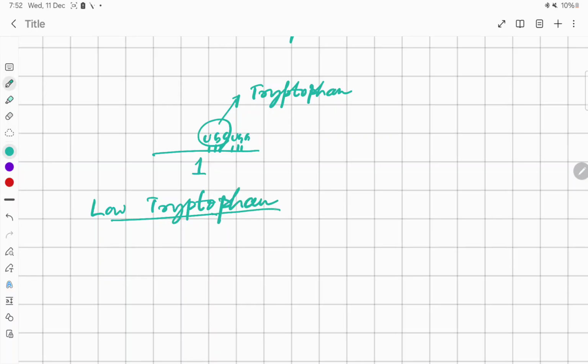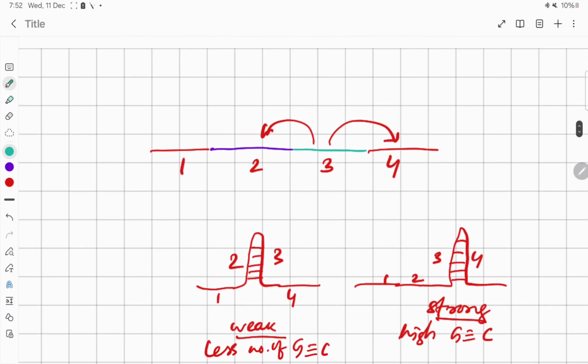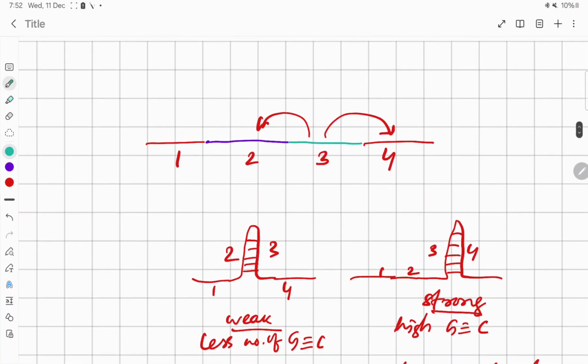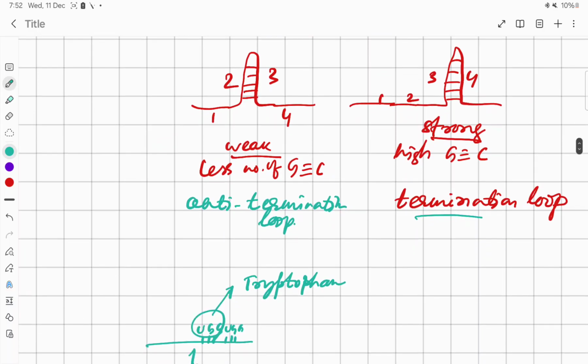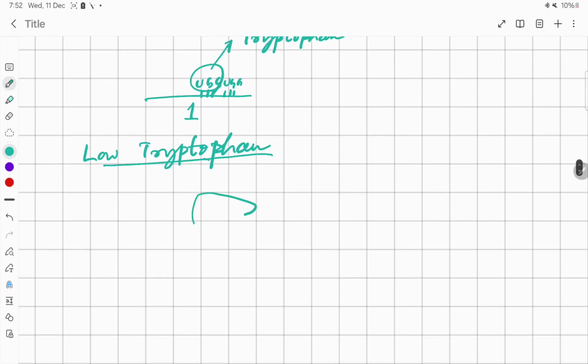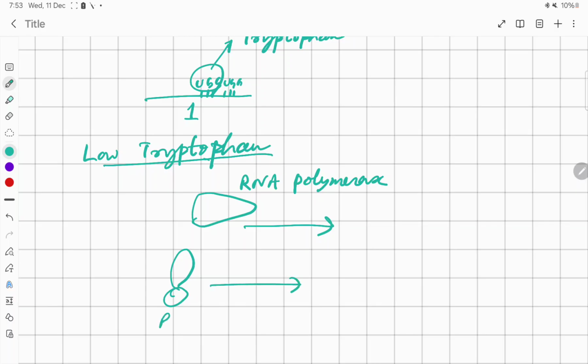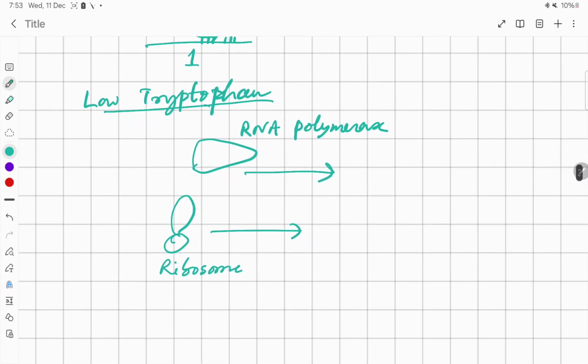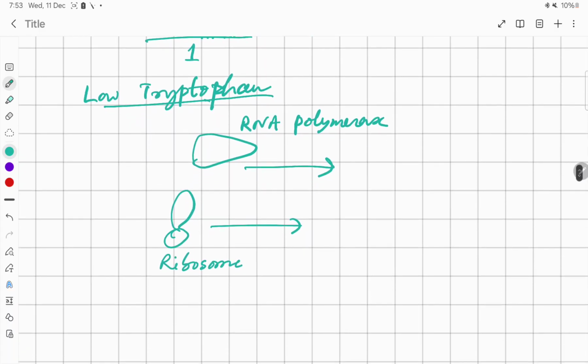When there is low tryptophan, that means the ribosome, as we said, first the RNA polymerase will move, and then the ribosome will move, and the ribosome is required for protein synthesis.